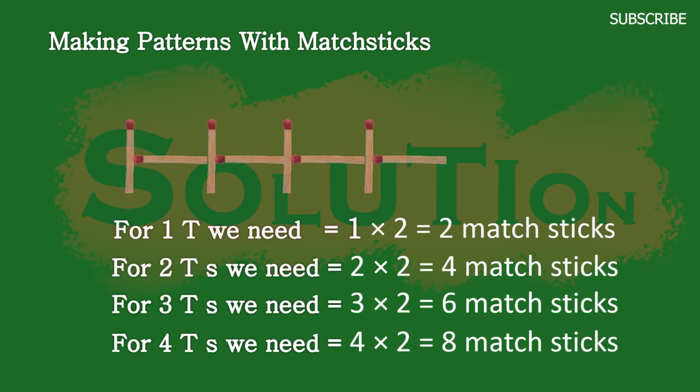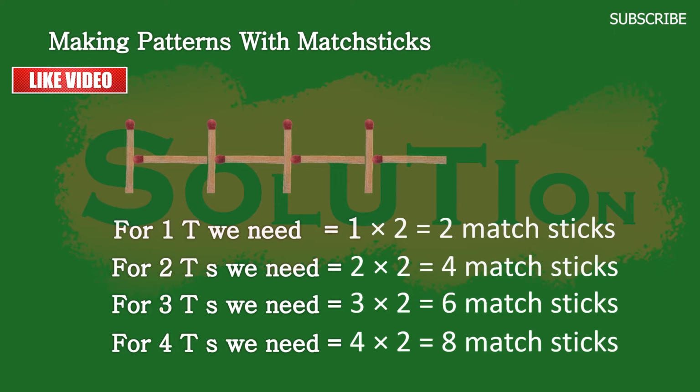For 1T we need 2 matchsticks, and the 2 we can write as 1 into 2. For 2T we need 4 matchsticks, right? And that 4 we can write as 2 into 2. For 3T we need 6 matchsticks, and that can be written as 3 into 2.